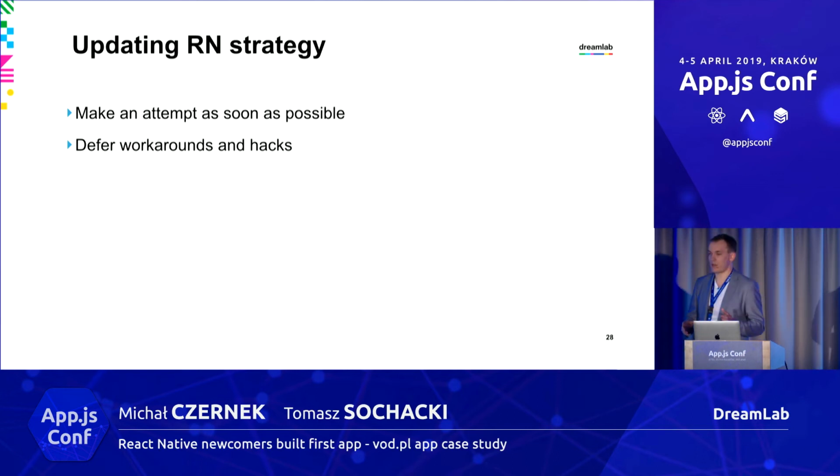Like we say, okay, if we don't really need it now, just defer it, just live with it, and maybe before the final version of our application, it will just work somehow magically, because React Native development is going really fast, so it might happen.